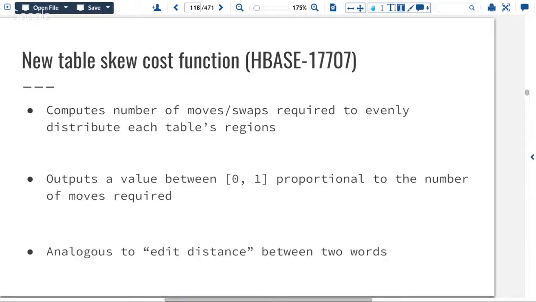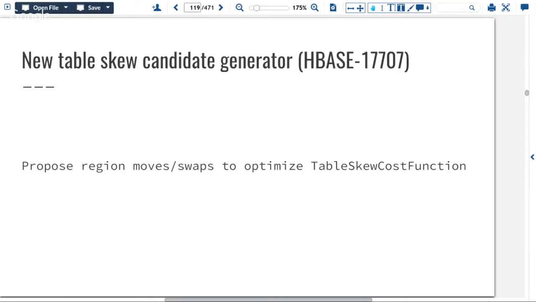You can think of this as analogous to an edit distance between two words. If you had the words cat and caught, you only have to substitute the letter A for the letter O, so the edit distance or the number of moves or substitutions is very small. But between the words cat and dog, there's a lot of moving required. So similarly, instead of swapping letters in words, we're talking about swapping regions between servers. So the more moves or swaps you need, the higher that table skew cost is.